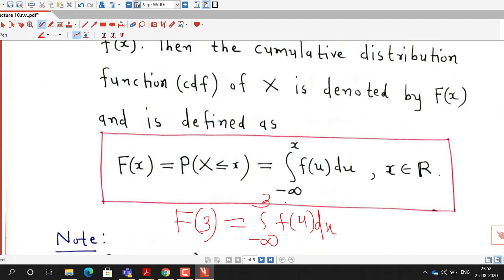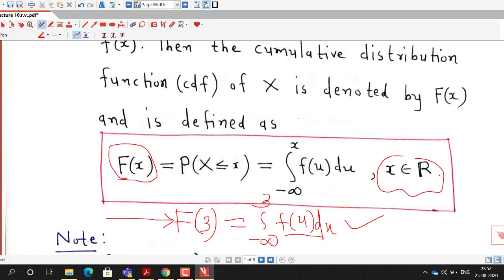In this way we can find the value of the cumulative distribution function at each real number by this formula, and this is simple integration. If we know the formula for the PDF, we can find the value of the CDF at each and every point.